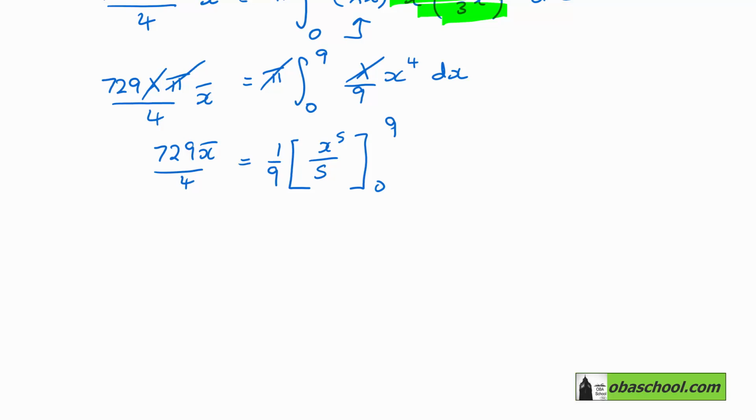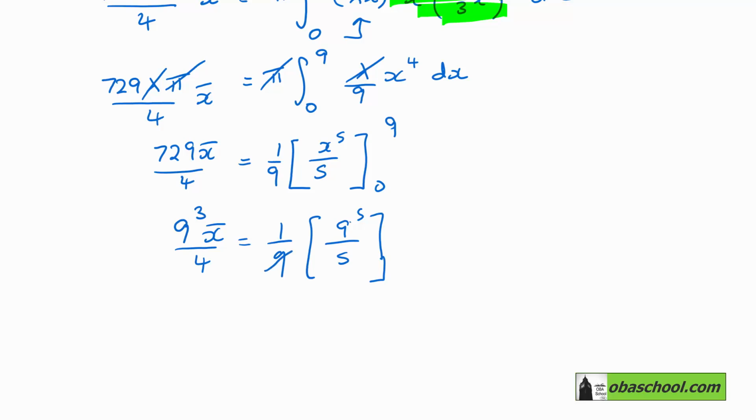Now you can use the calculator to sort some of this out. Remember that 729 is 9 cubed. So we've got 9 cubed x bar over 4. Over here we've got 1/9 of 9 to the power 5 over 5.